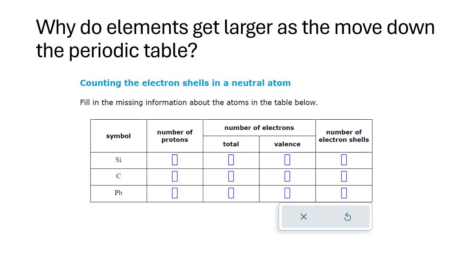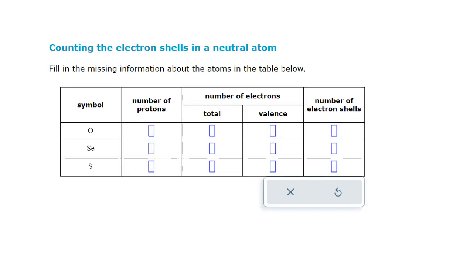Carbon has a 2s and a 2p, and lead has a 6s and a 6p, so that's 6. So this is the largest, then next, then smallest. Again, some more practice on Alex.